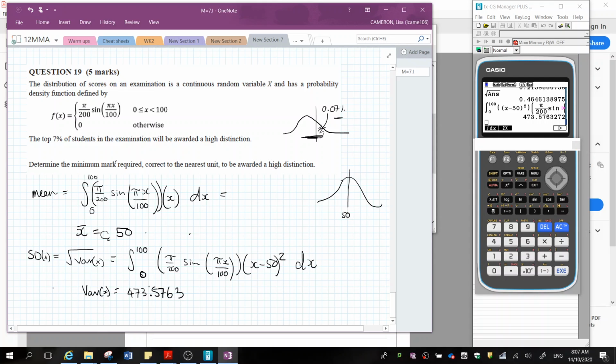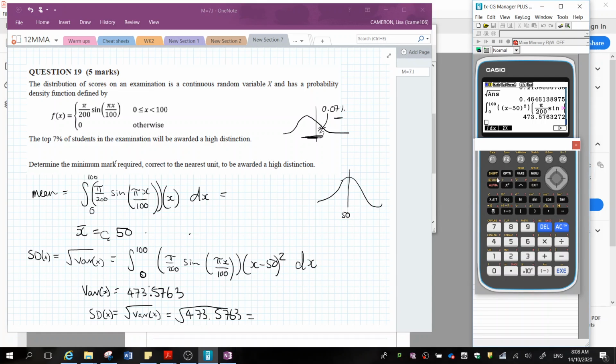So I'm going to take the square root of this to get my standard deviation. Now I'm going to square root the answer in the calculator so it gives me the correct thing. So over here, shift, square root, shift, enter, execute.